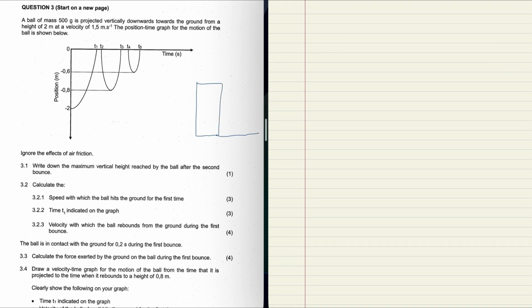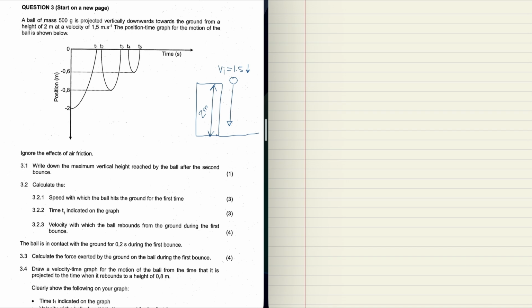So here's the building or whatever the case is, and that's 2 meters. Then you have a ball and it's thrown down, and its initial velocity is 1.5 meters per second, and it's going downward.